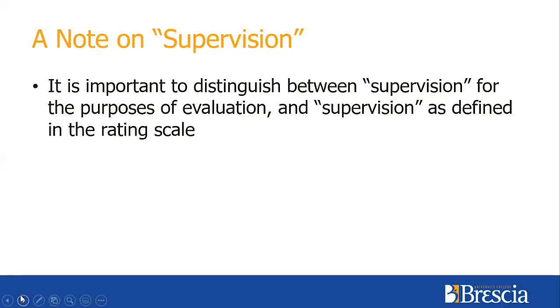The preceptor's direct or indirect supervision was necessary only for the purpose of evaluating the performance of the student. If a preceptor observes a student performing an activity in which the preceptor must intervene to provide guidance or redirection, then the student's rating would be either supervision or minimal supervision, depending on the amount of intervention required.